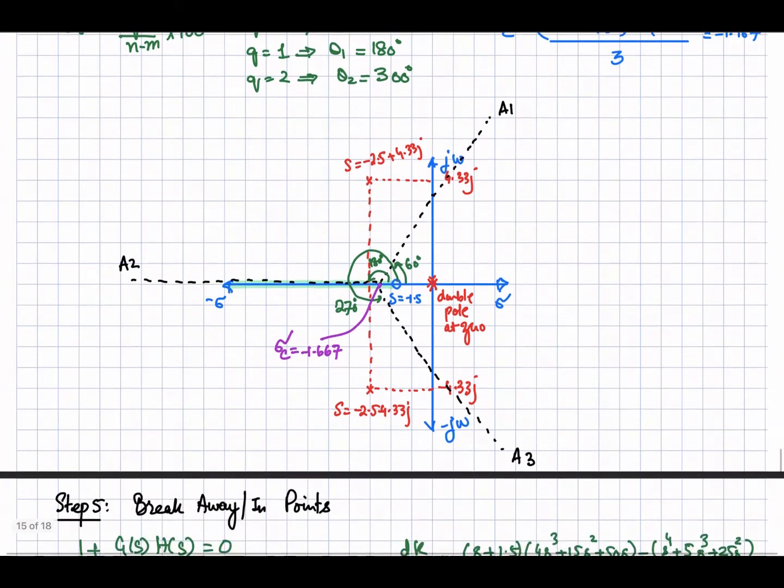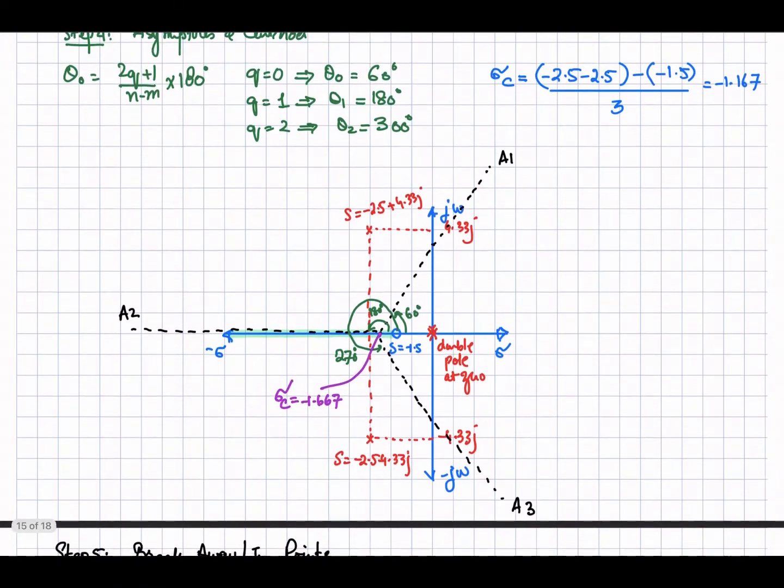So here you can see the sketch. The first asymptote is this one, at the angle of 60 degrees, and it is intersecting the real axis at this point, minus 1.167.